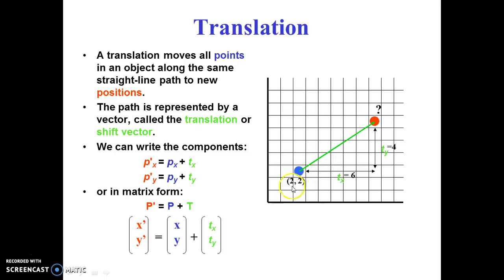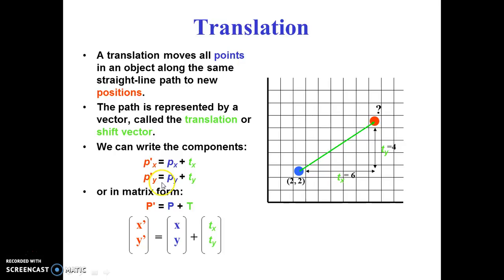So if we have the point 2, 2 and need to move it to the red point, we are moving in the x direction by 6 units and in the y direction by 4 units. The point changes, which we can calculate. P dash x, the x coordinate of the new point, equals px, the old x coordinate, plus the translation in the x direction: 2 plus 6 gives 8.